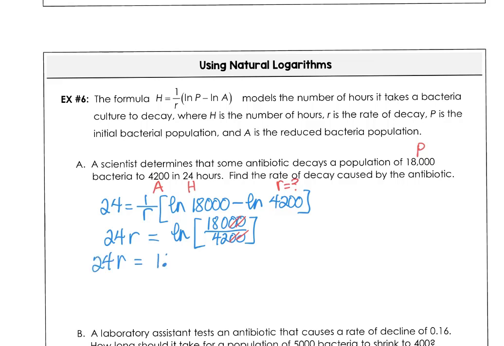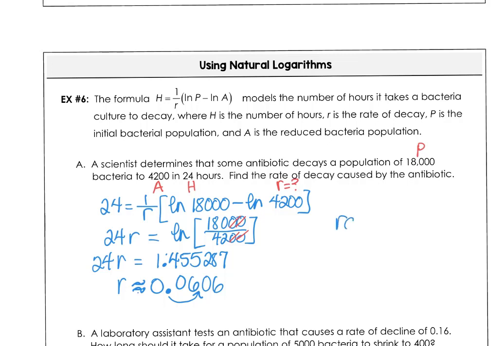24r is 1.455287, and dividing by 24, we've got about 0.606. So this is our rate, and to write that as a percentage, we'd multiply by 100. So that moves a decimal.